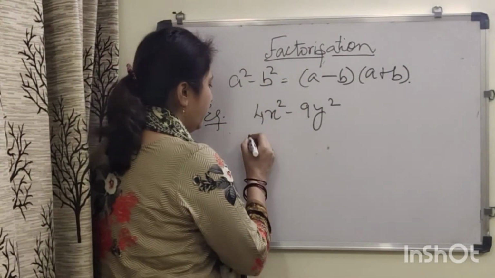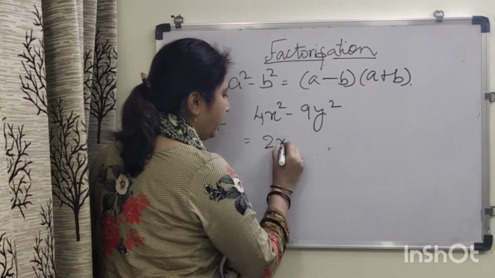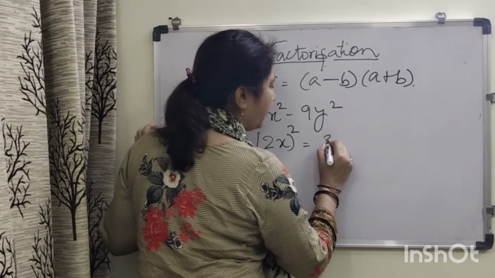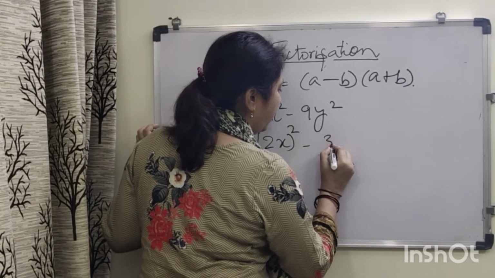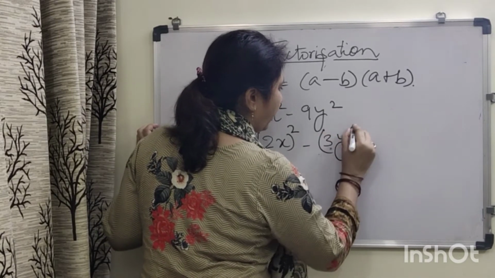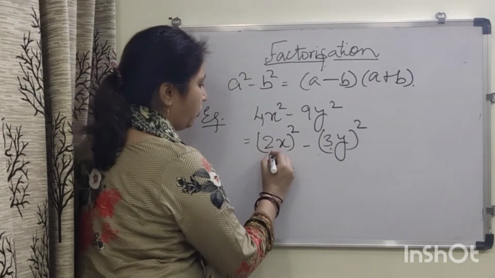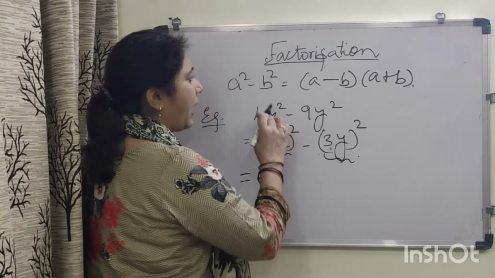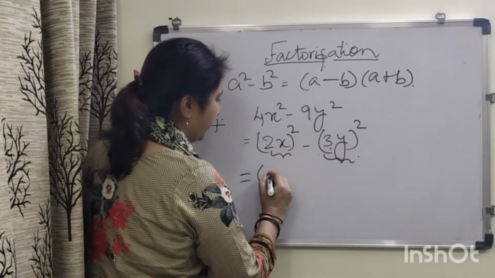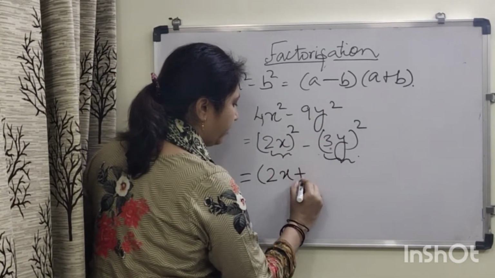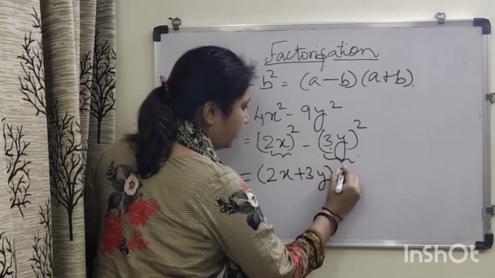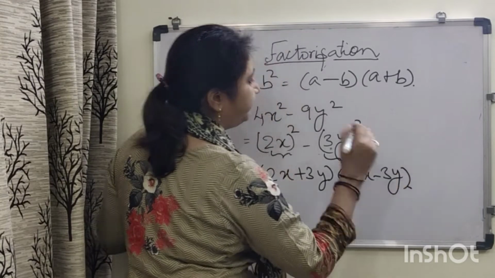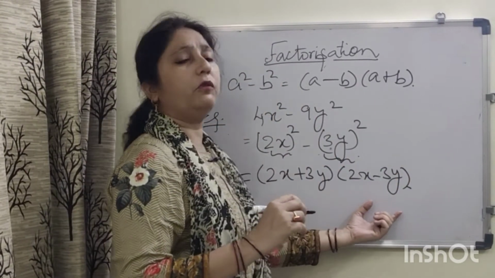Let's check. 4x square is the square of 2x and 9y square is the square of 3y. Your a is 2x, your b is 3y. So, as per the identity, it will turn to 2x plus 3y into 2x minus 3y. This is the factorized form.